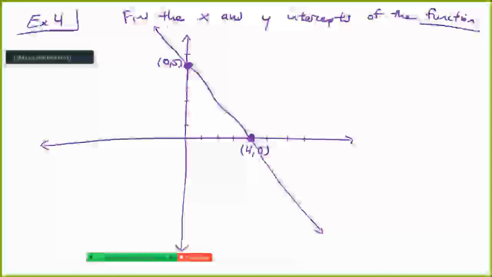And it's pretty fast, I think, to find the intercepts when we're given a picture. As long as we can tell where it's crossing, it's kind of telling us the answer. The y-intercept is 0, 5, or just y equals 5.